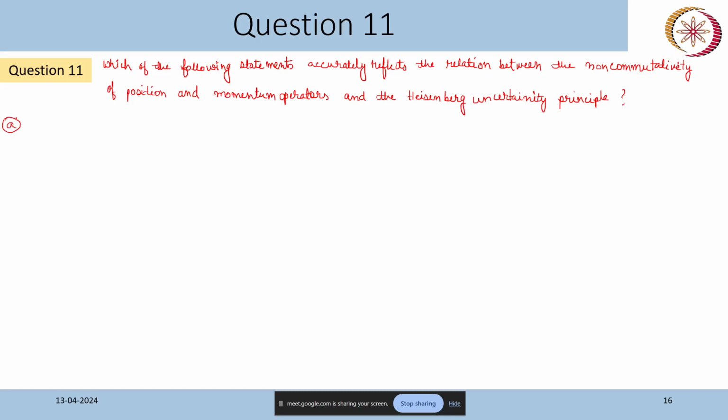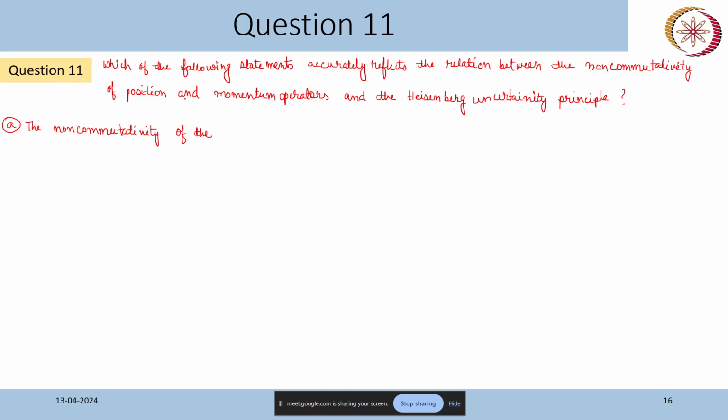So the non-commutativity of the position.